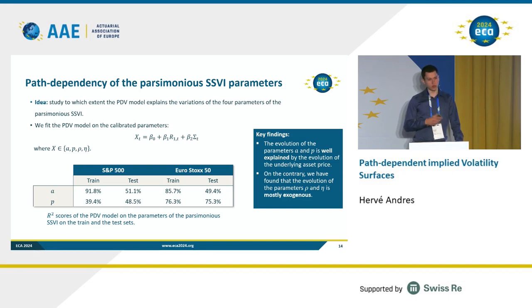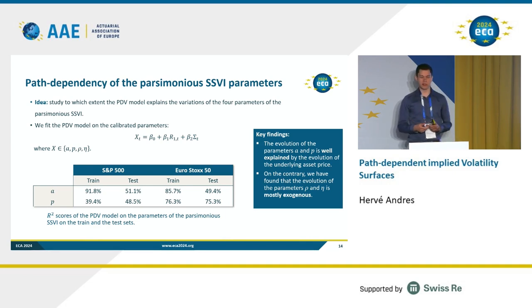And on the contrary, for the two remaining parameters, those are rho and eta, we do not have such results. The R2 scores are basically close to 0. And this can be explained quite easily because these two parameters are more controlling the orientation and the convexity of the implied volatility surface.